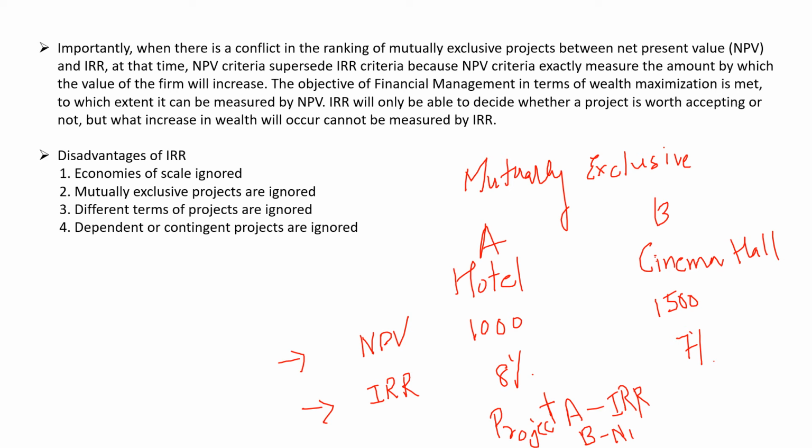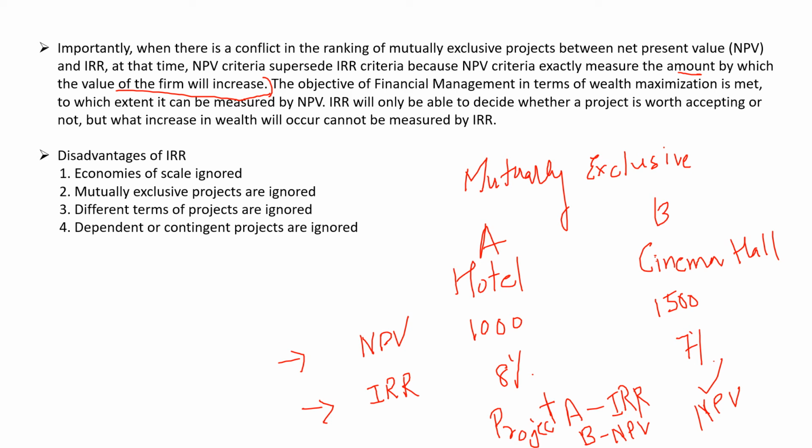Yes, so now we need to take a decision in which project we want to invest. Project A is selected through the IRR method, project B is selected through the NPV method. So in this case, the NPV method supersedes the IRR method, because it helps us find out the exact amount by which the value of the firm will increase by doing an investment.